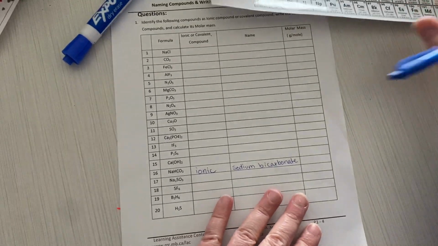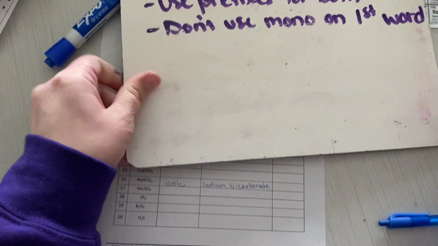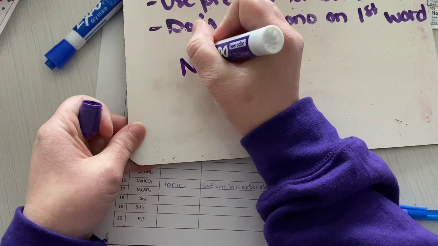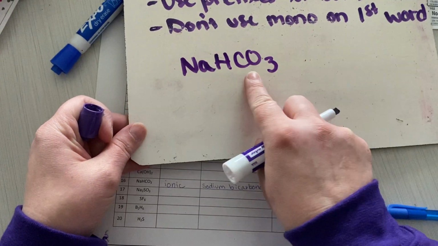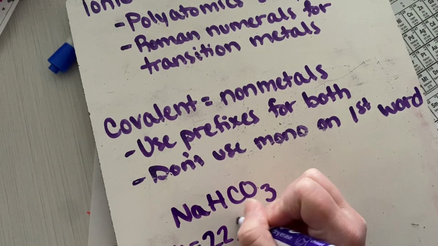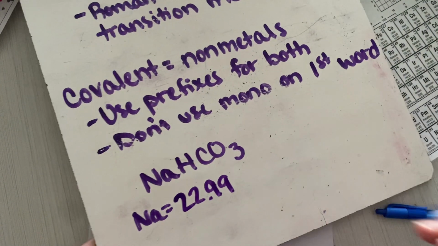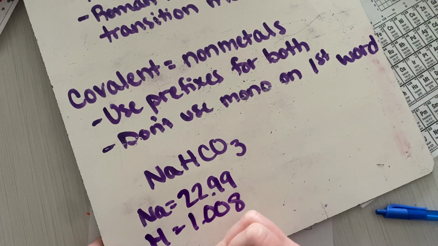And our molar mass, we're going to take our sodium, NaHCO3. We have one of each except the oxygen, there's three. So Na equals 22.99. H equals 1.008.